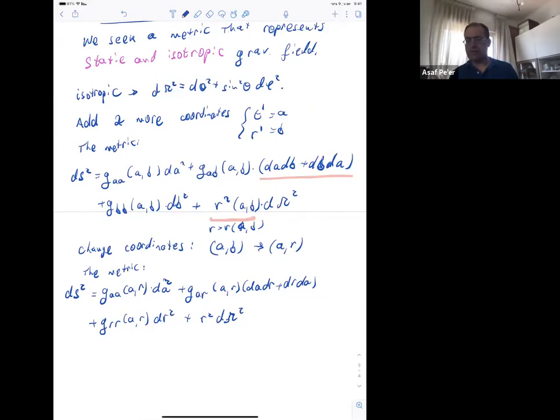It's very general. I haven't done really anything except assuming that I have this d omega squared, which comes from the isotropic part.